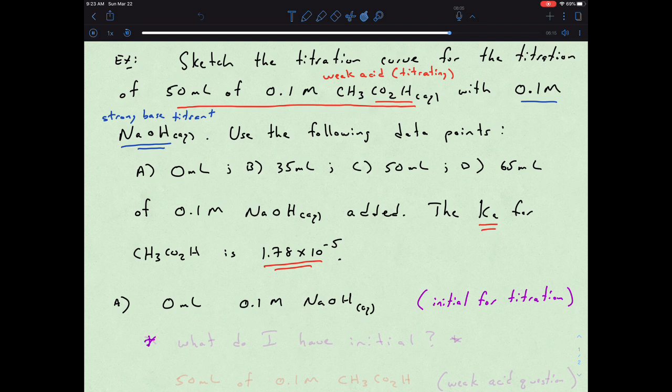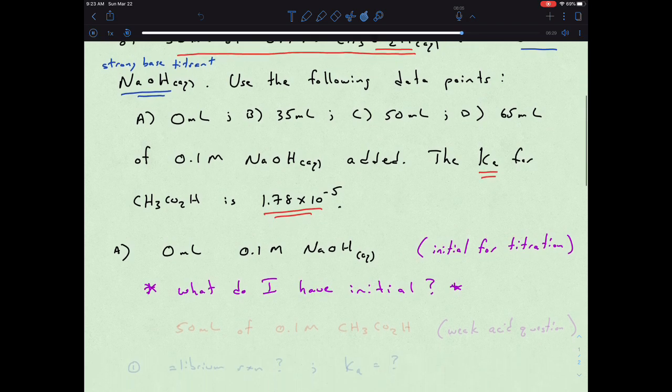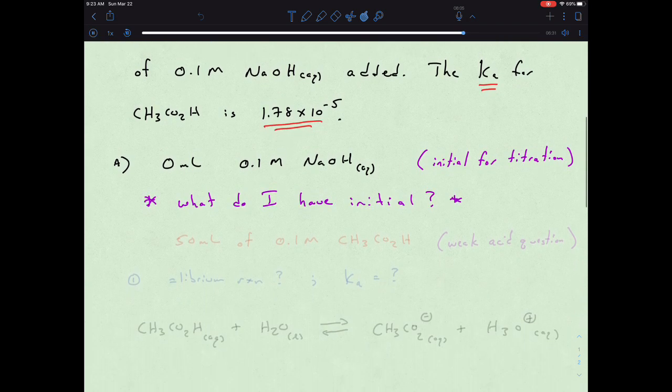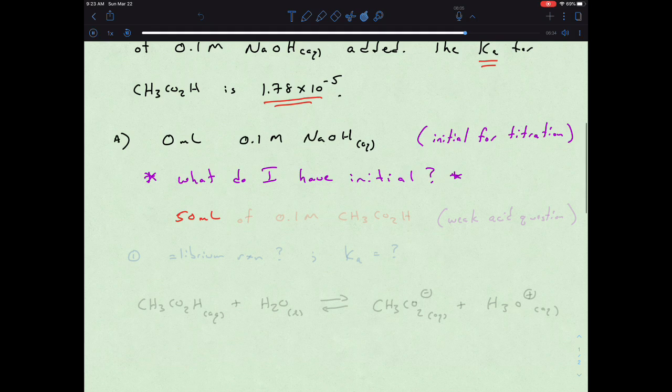And as we go through these different parts, the one question we want to keep asking ourselves through each part is, what do I have initially? And here, initially, we just have this 50 milliliters of 0.1 molar acetic acid.